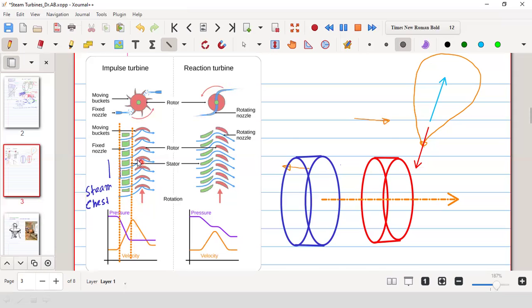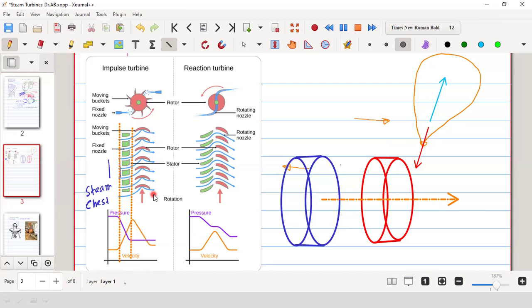Therefore, in the blade passage, the fluid will suffer a reduction in velocity, but during this time, the pressure will remain constant. That is the most characteristic feature of an impulse turbine, that you have to clearly understand: during the movement of steam in the blade passage, there will be only velocity change, but not any pressure change.